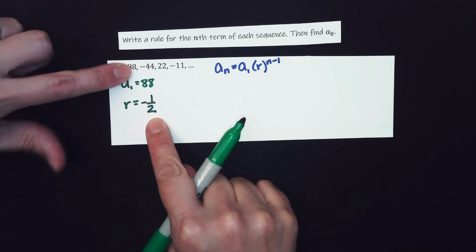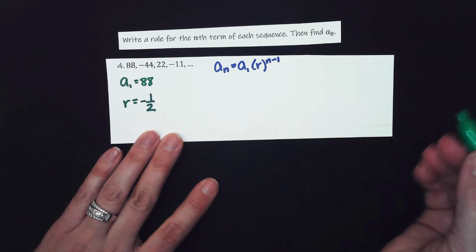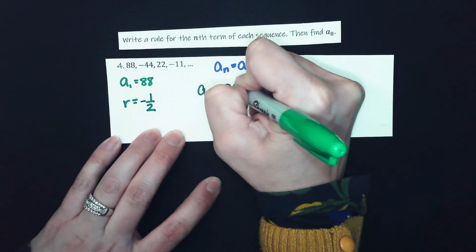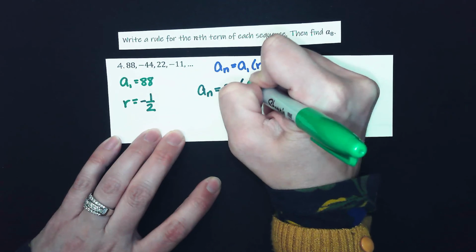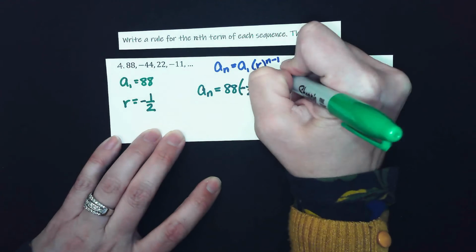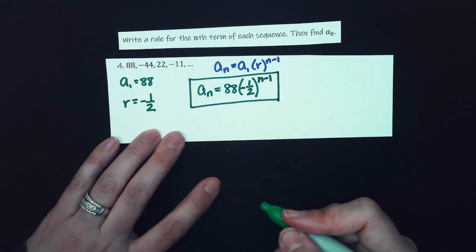So here's my first 4 terms. But let's write our rule so we can find any term. So I know a sub n is going to be 88 times, in parentheses, negative 1/2 to the n minus 1 power. There's my rule. There's no simplifying. You just plug in your a1 and your r.